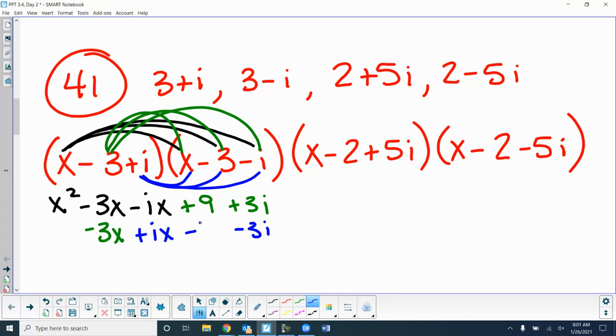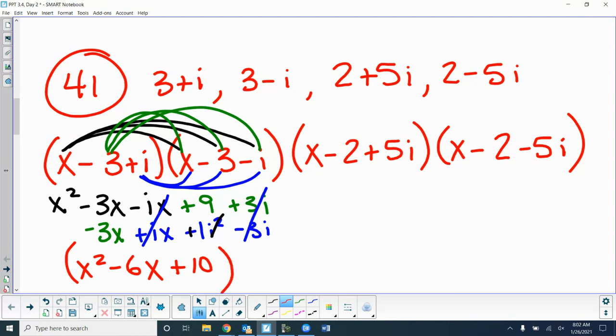There's a 1 in front of those, so that's negative 1i squared. Okay, these will cancel. These will cancel. What's the i squared equal again? Negative 1, right? So that turns that into positive 1 then, right? Negative 1 times negative 1 makes that a positive 1. Okay? So these two red ones here are x squared, negative 3 and negative 3, negative 6x, and 9 plus 1, 10. No more i's. That's why you have to put those conjugates together.